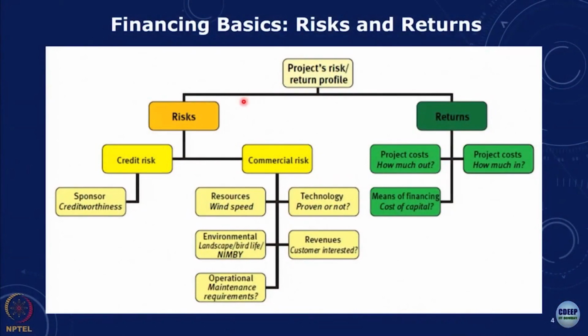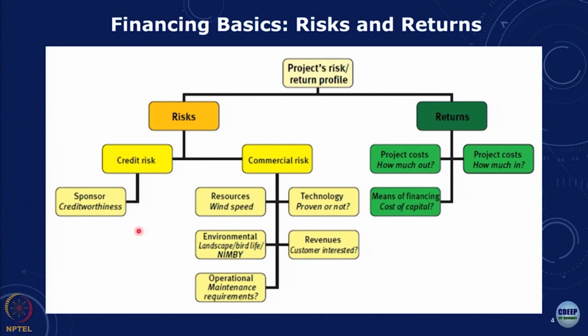So the whole issue when we talk about financing is to estimate what kind of risks and what are the trade-offs between the risks and the returns. So in general, there might be a credit risk. That means the project, whoever is sponsoring the project, how credit worthy is that individual or company, and what is the guarantee that they will actually return the money once they get the revenue.